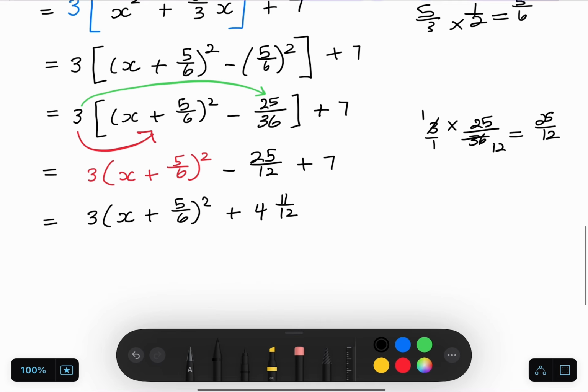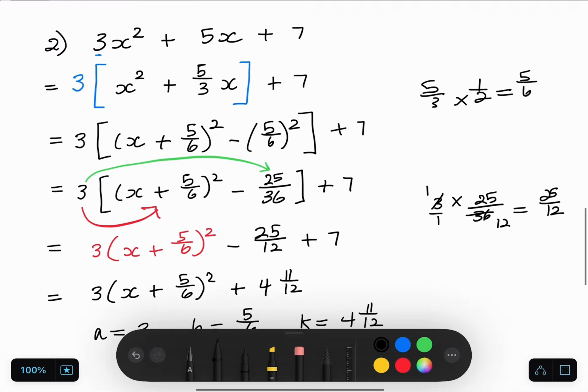So you could leave it as a mixed number. You could change it to an improper fraction. You could write this as a decimal. It doesn't matter. It's still going to be the same number, right? So this is in a completed square format where a here is 3, h is 5 over 6, and k is 4 and 11 over 12.